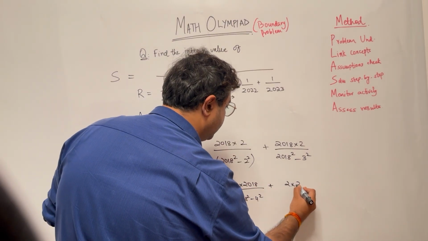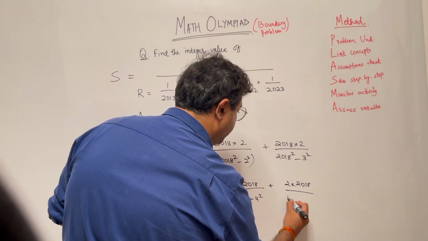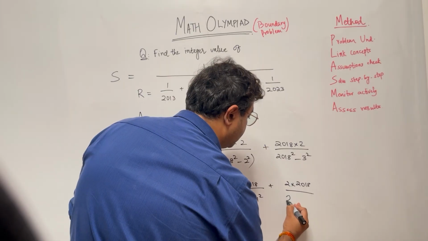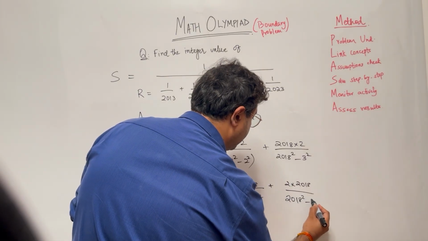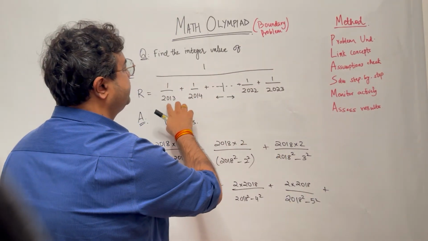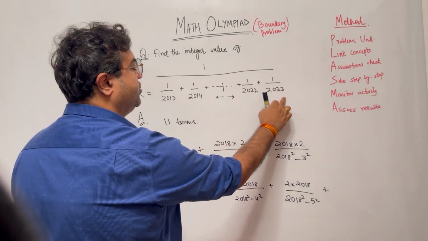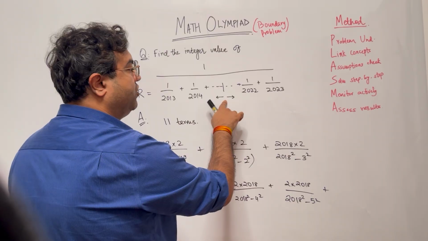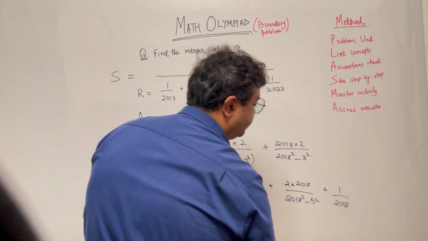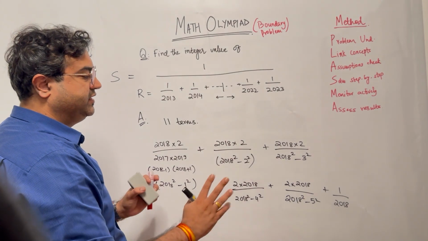Then it will become 5 square. And then once this and this will become 5 square, we are left with only a single term, which is 2018. That is still remaining.